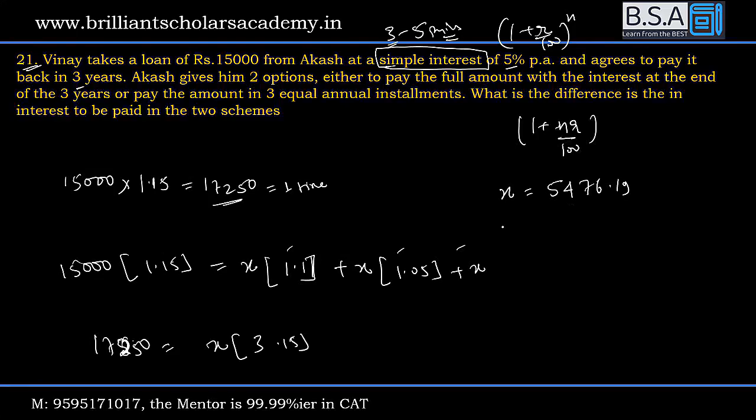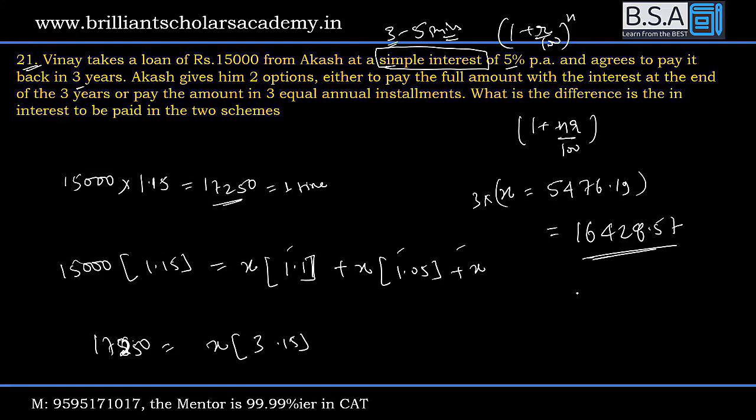How many installments have been paid? 3 installments. So the total payment made is 16,428.57. So how much is the gap when this is subtracted from 17,250?